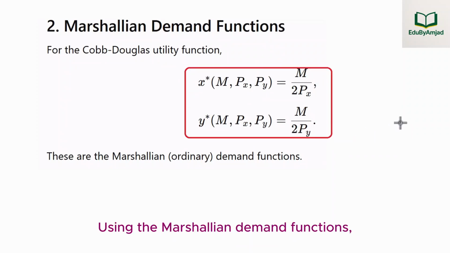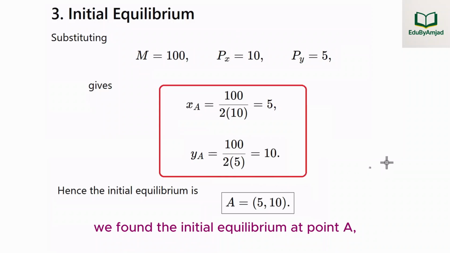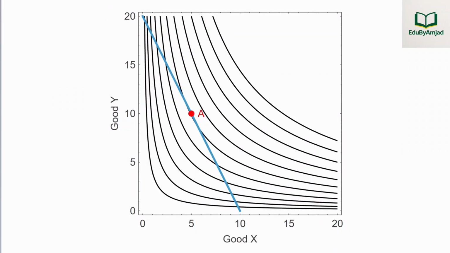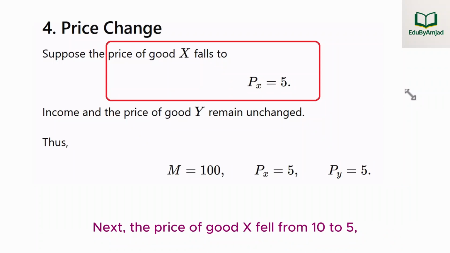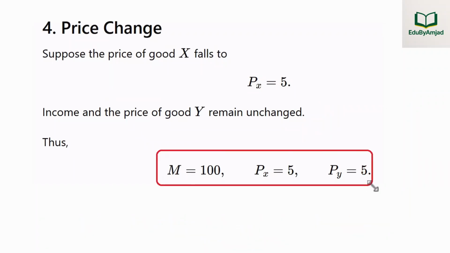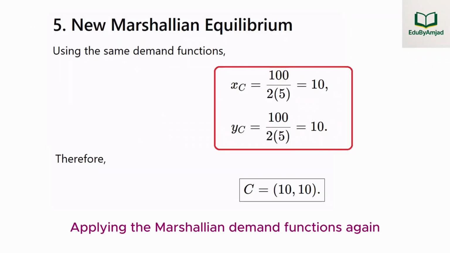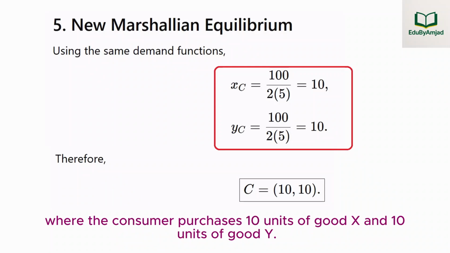Using the Marshallian demand functions, we found the initial equilibrium at point A, where the consumer purchases 5 units of good X and 10 units of good Y. Next, the price of good X fell from 10 to 5, while income and the price of good Y remained unchanged. Applying the Marshallian demand functions again gave the new equilibrium at point C, where the consumer purchases 10 units of good X and 10 units of good Y.